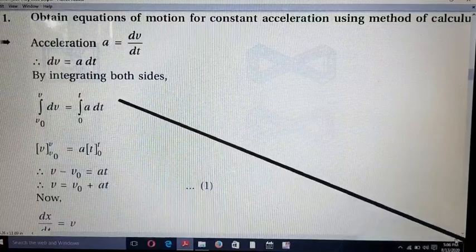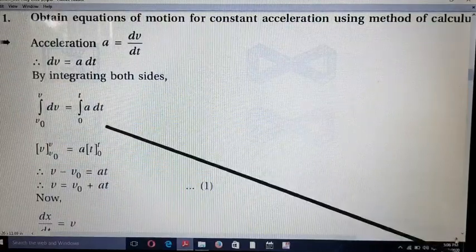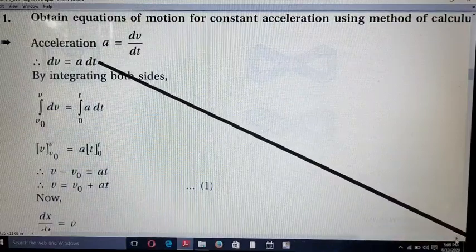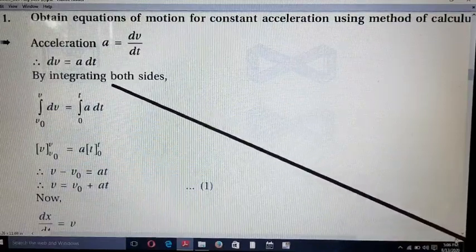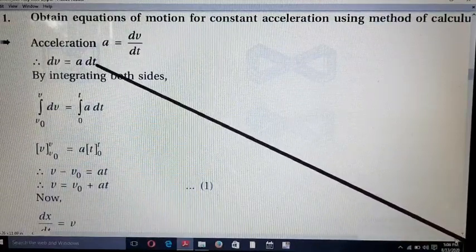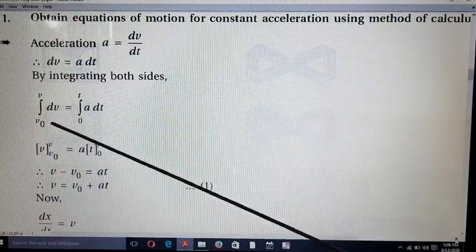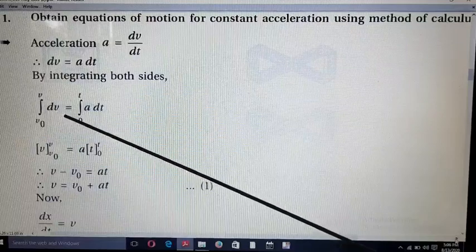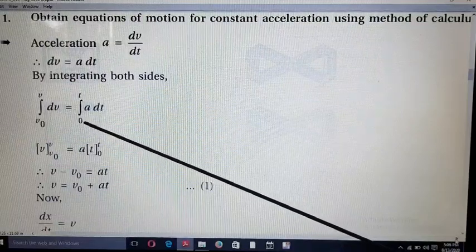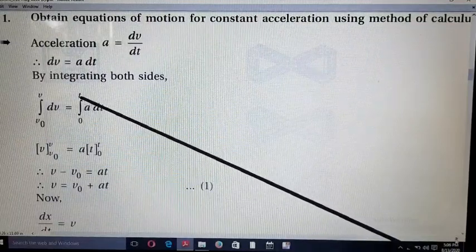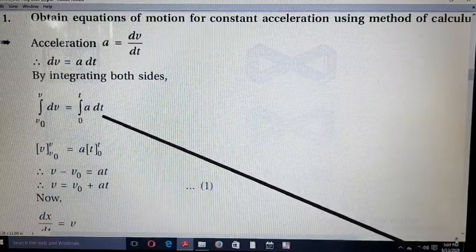So friends, now we take integration, means by integrating both sides of this equation, we can write down integration v0 to v dv is equal to integration 0 to t a dt.